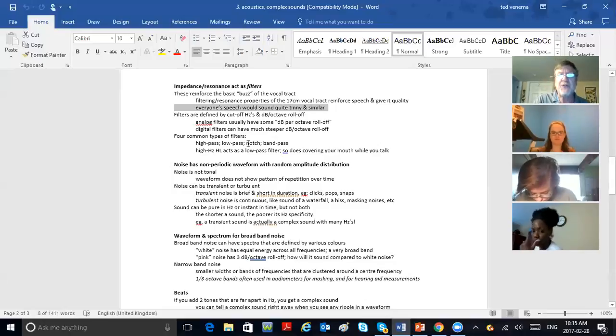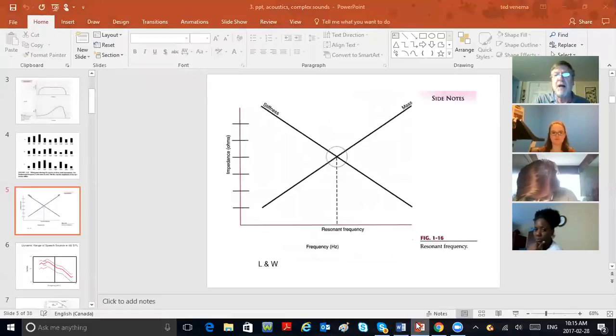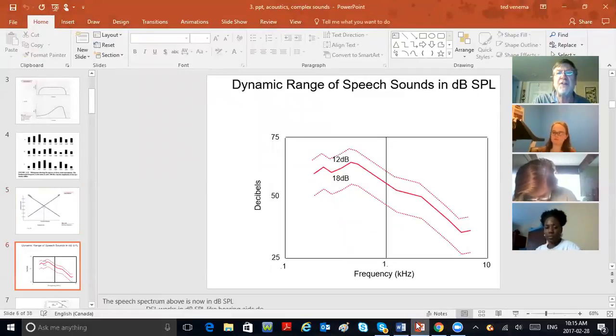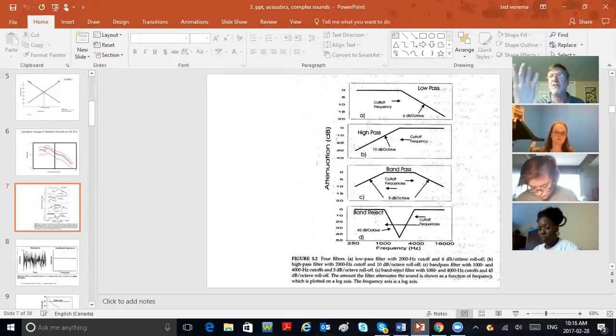Now, filters, okay? Filters are determined by the drop-off. Let's look at a set of filters here if we can. Here's 4 filters. And we need to learn these words to become good at acoustics, okay? We just talked about voices and how quality differs and how vocal tracts can act as filters.